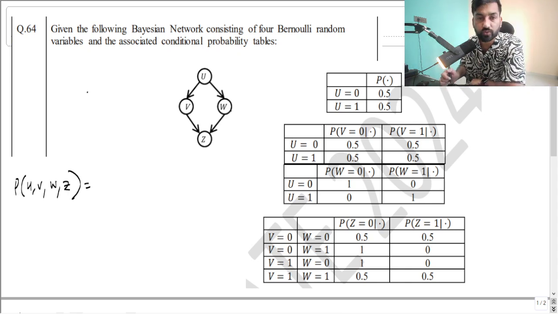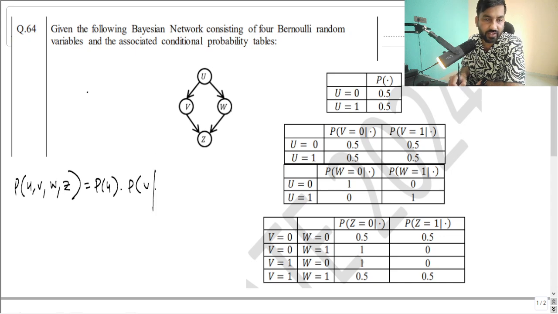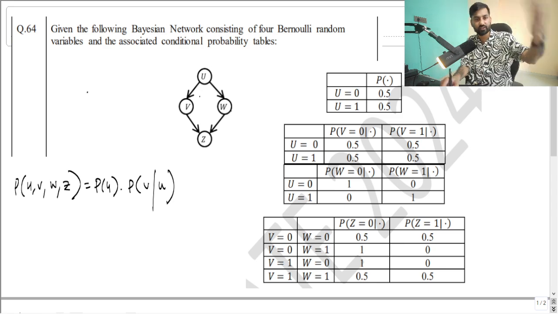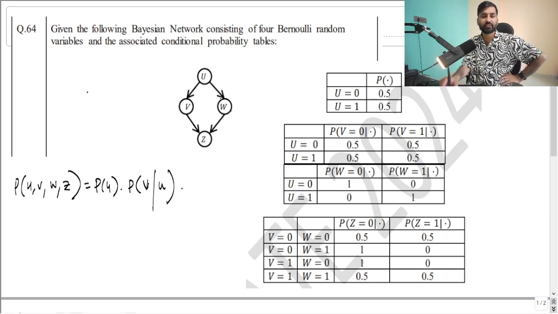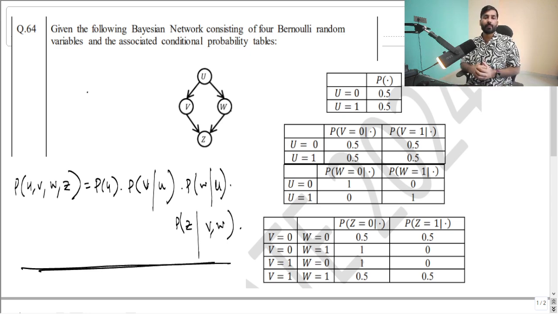We are starting with the U node. It has only the ordinary probability associated, so this is nothing but probability of U, times, then you come to V: probability of V given U, because U has already occurred. Then you write probability of V given U times probability of W given U. Then you multiply the probability of G given V and W. This is how we can write the joint probability, and all the values are given in the table.